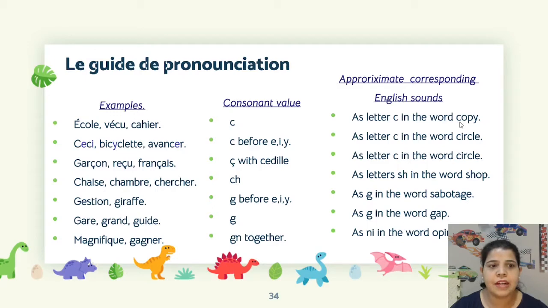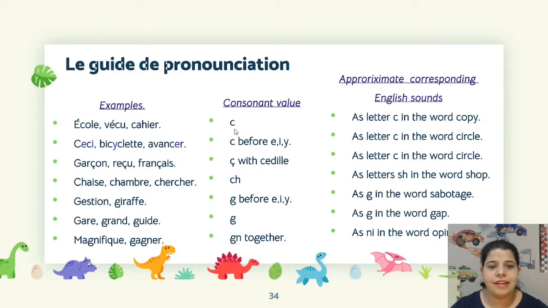K means like the word copy. École. Vécu. Cahier. This is the letter V, and E with an accent aigu like the letter A in English. Cahier. As you know, the letter H is not pronounced in French, so we say cahier.